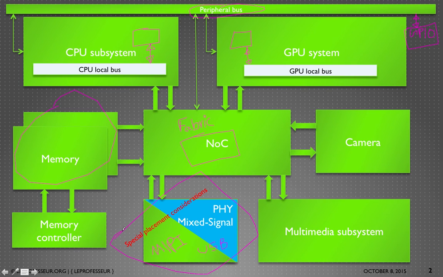So you might have to place voltage islands on the periphery, or level shifters. The rest of the chip and the analog portion need to operate at different voltage levels, so special placement considerations are needed.